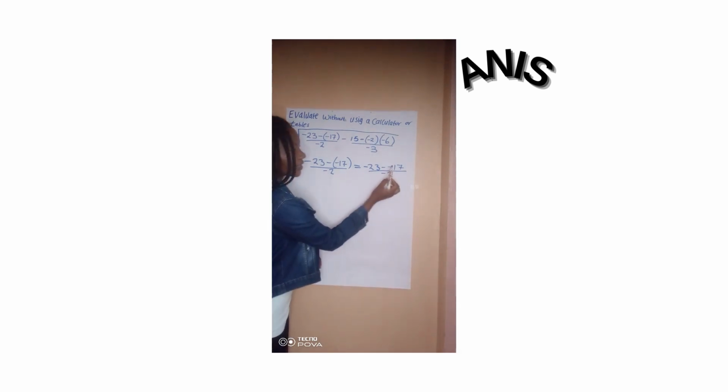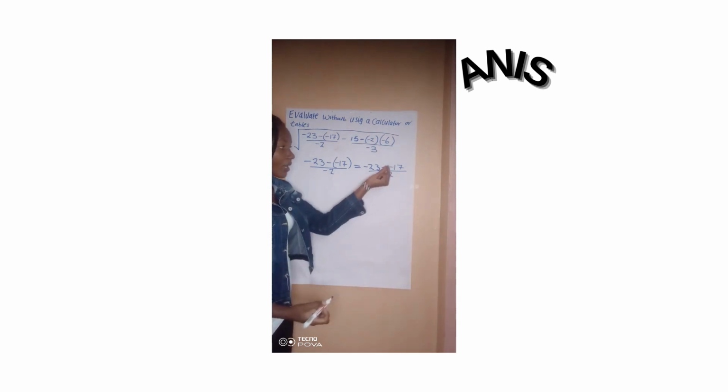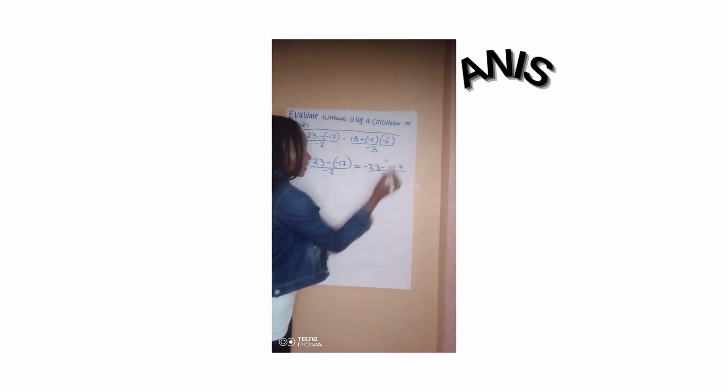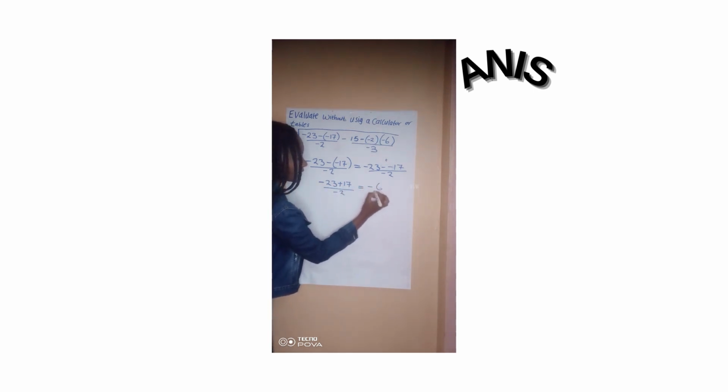Whenever I have these negative and negative signs following each other, I usually combine them to become a positive, such that I'm going to have negative 23 plus 17 divided by negative 2. If you combine negative 23 plus 17, you're going to get negative 6 divided by negative 2.